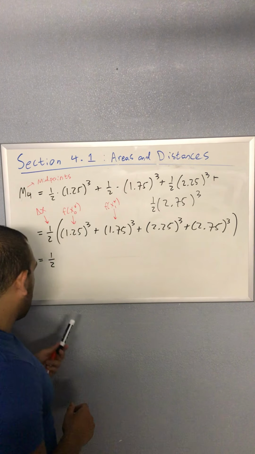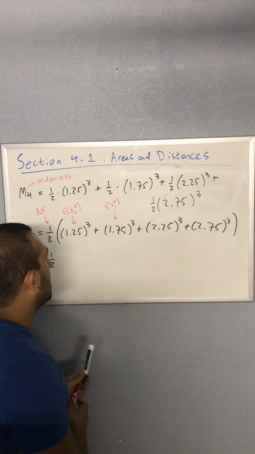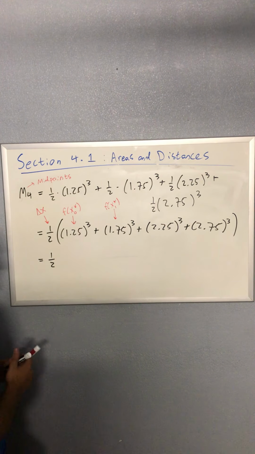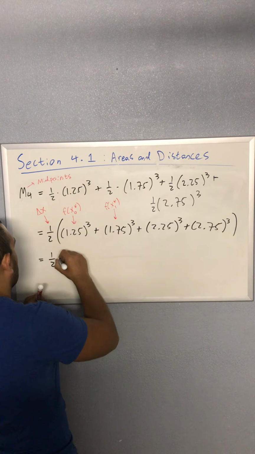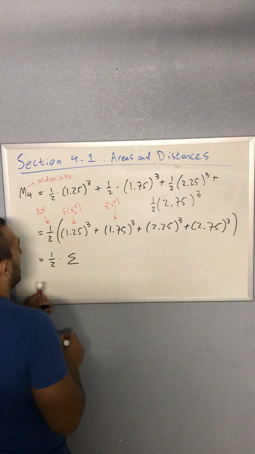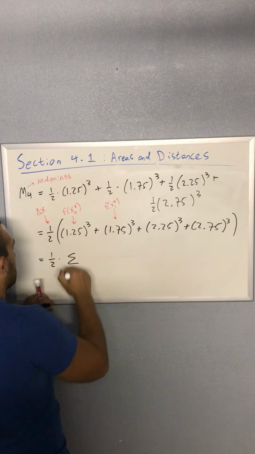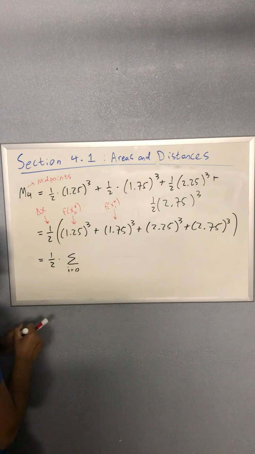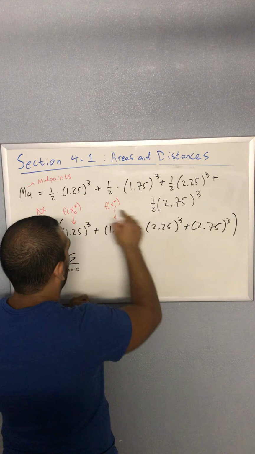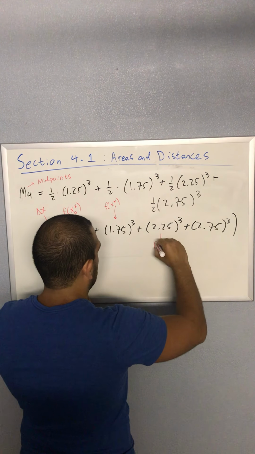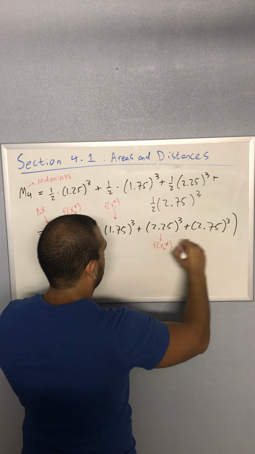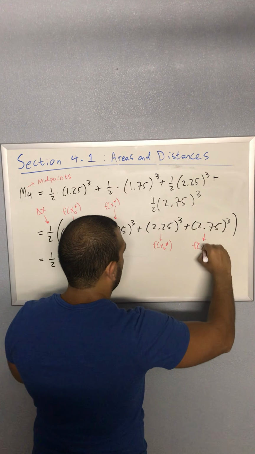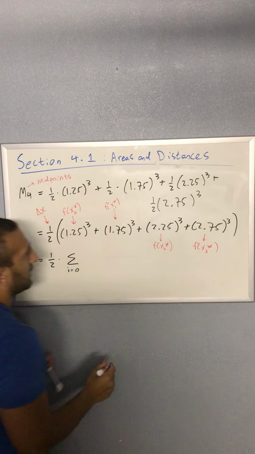And then instead of writing this out, we can use sigma notation and write this as 1/2, the delta x, times the sum. Where do we start? We started at 0, so i equals 0. And we went from 0, 1. This is f of x sub 2 star, and this is f of x sub 3 star, all the way to 3.